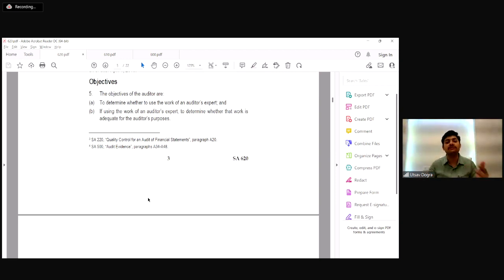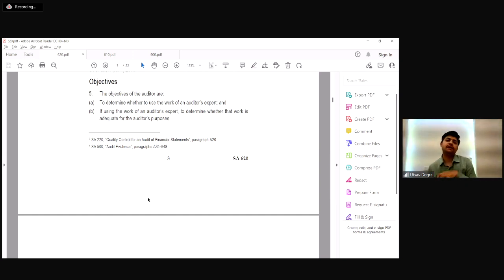However, he believes that the valuation the company has shown is not good enough and is understating the liability, so there is underreporting. So the auditor may engage another lawyer, termed the auditor's expert, for determining the contingent liability, to look into the case and give assurance to the auditor whether the amount that the management has given is correct or not.